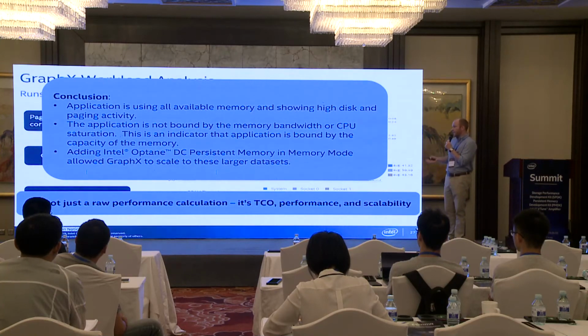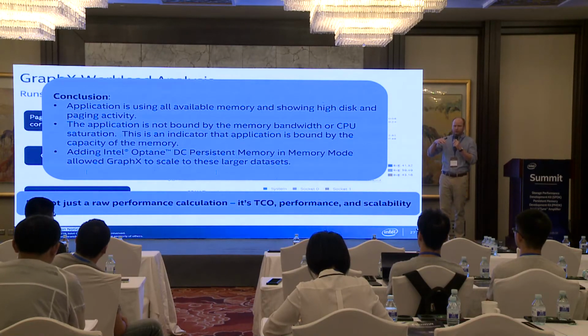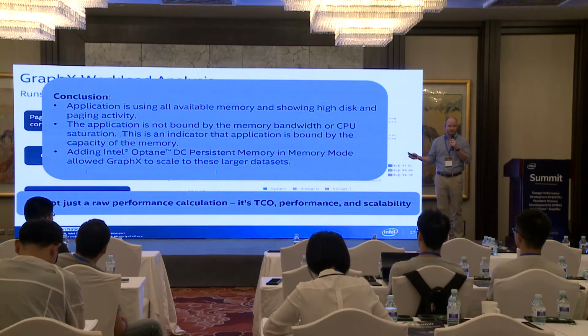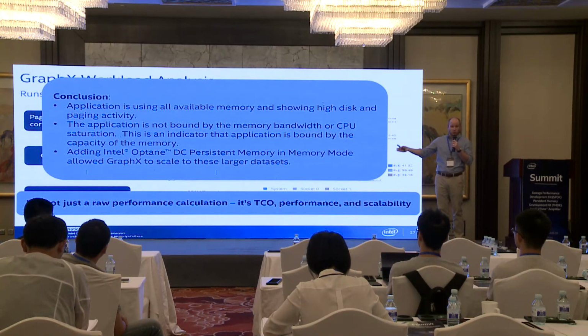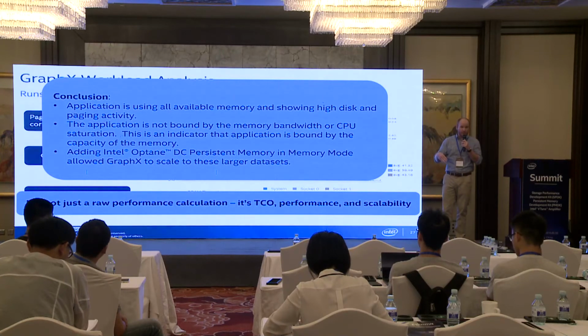We added Intel Optane DC persistent memory to this platform in memory mode, and the GraphX workloads were able to scale to much, much larger input sets. So now the same platform can handle much larger data sets without needing to use an additional platform or add more DRAM memory, which is very expensive.